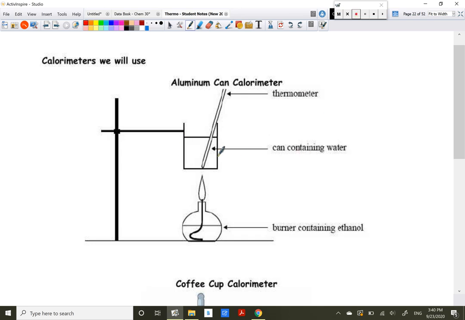Inside we normally have water or some sort of fluid whose specific heat capacity we know, and the thermometer is on the inside. Generally we have a burner, in this case containing ethanol, or our reaction happening down below. These are only used for exothermic reactions where we can get a lot of heat generated going up.